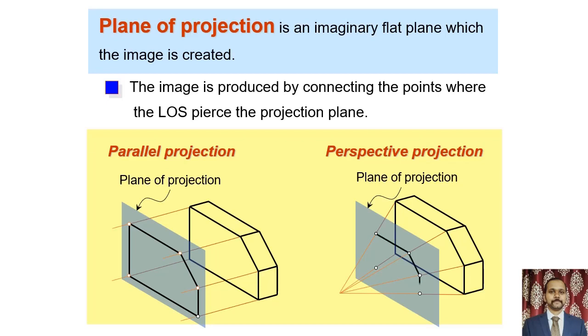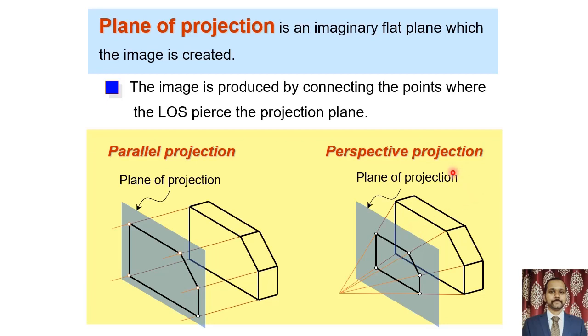You draw the lines by intersecting all these points. Looking at both views, when we see an object in parallel projection, we see the actual size of the object.